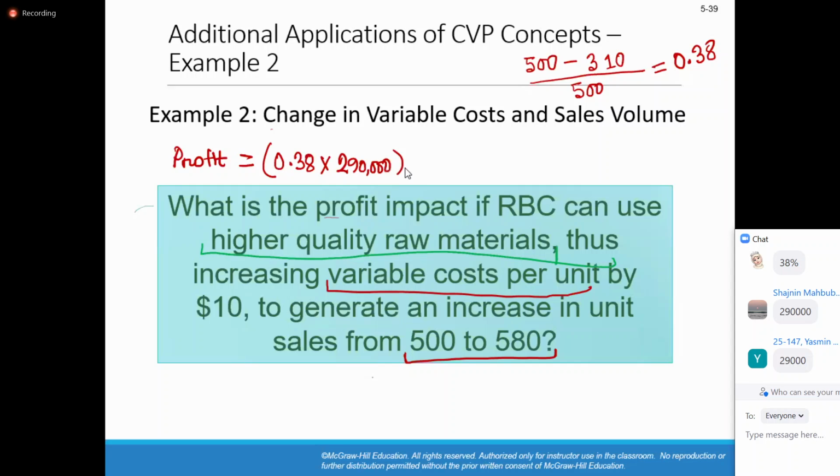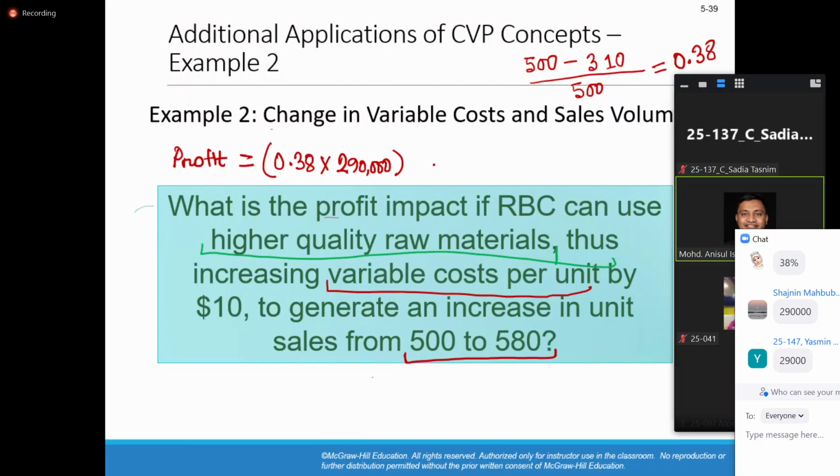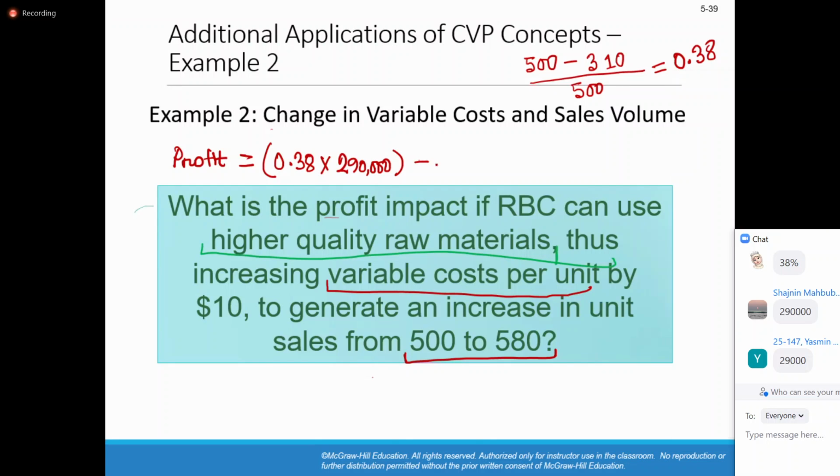So we are getting the contribution margin amount from here, and we should subtract the fixed expense, right? Has there been any change in fixed expense? There has been no change in fixed expense, and note that we are doing the total analysis, not the incremental analysis. So in that case, you need to write the fixed expenses in total.